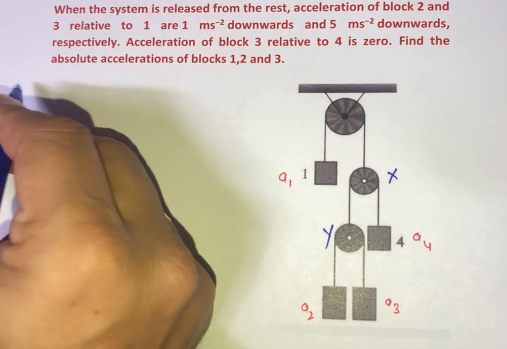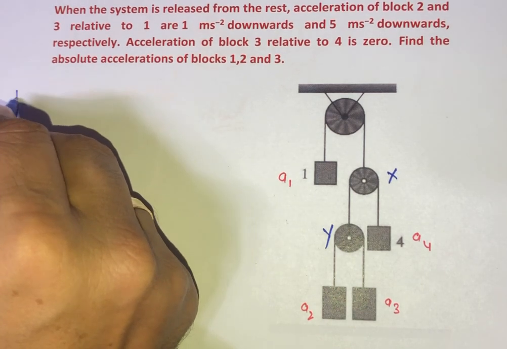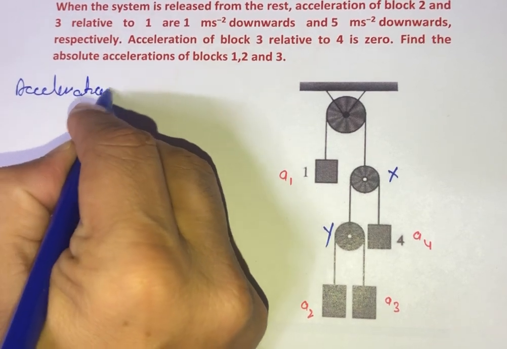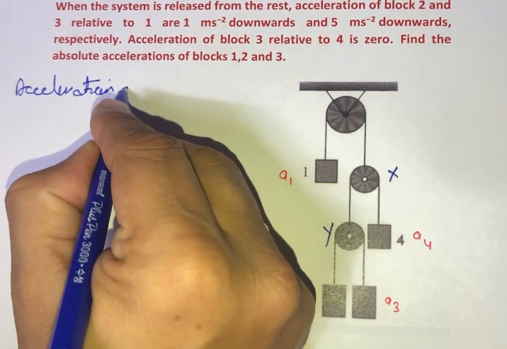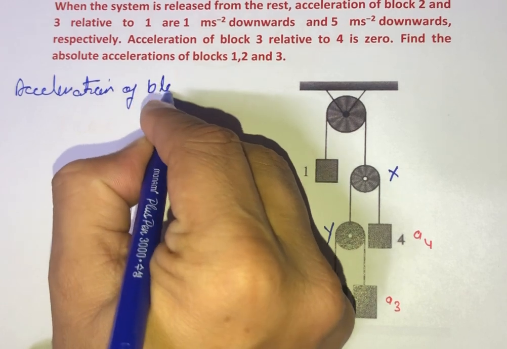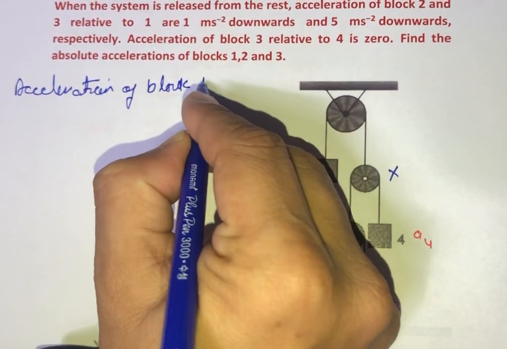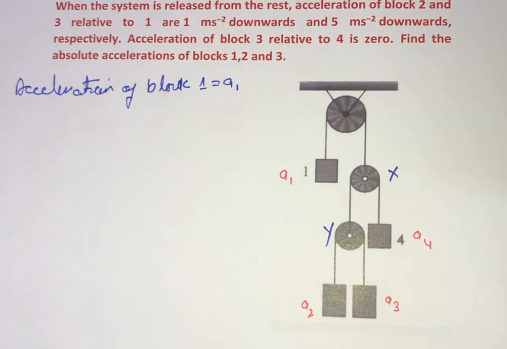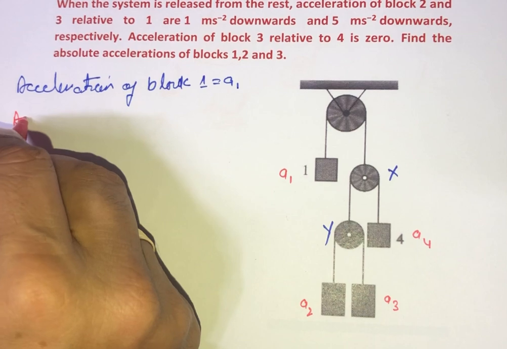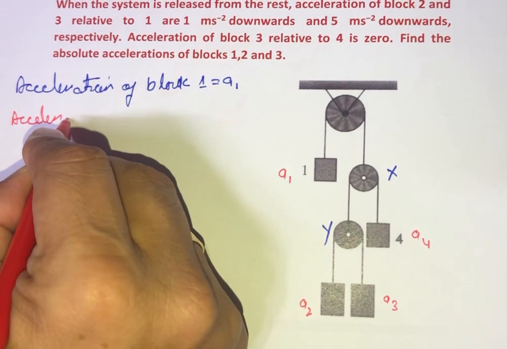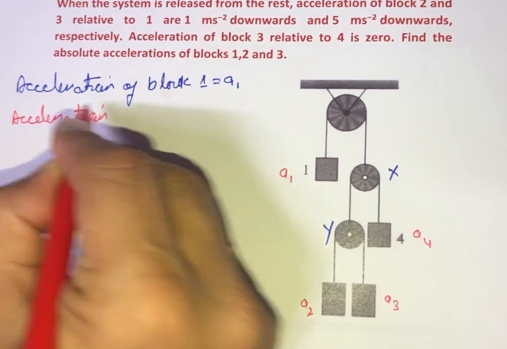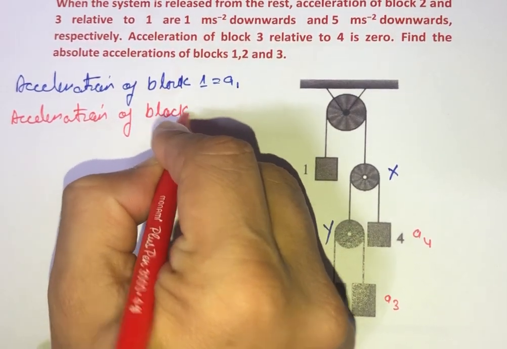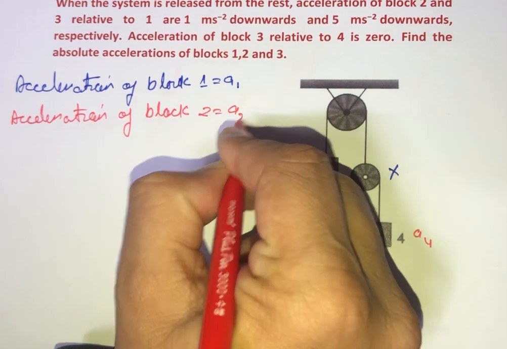So we can say that acceleration of block 1 is a1 and acceleration of block 2 is given as a2.